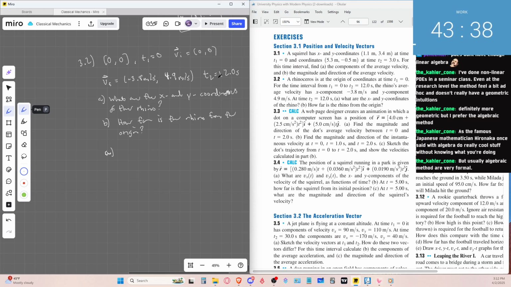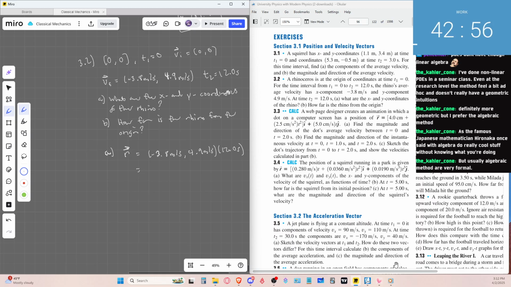So in this case, actually, we should probably put R instead, because sometimes they put R as the vector of position. And then we'll put 12 seconds here.